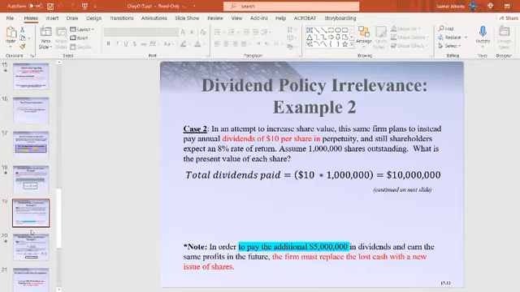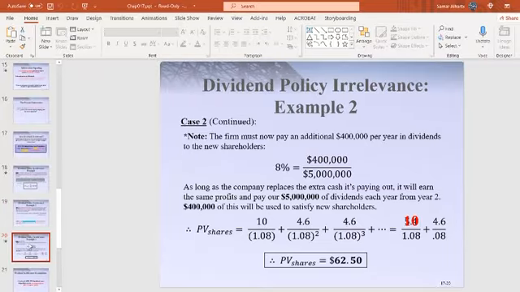We need to raise an additional 5 million in shares. Based on the current profits, the company was able to pay $5 per share earlier. Now, if it wants to give a dividend of $10 per share, that means it will need an additional 5 million, correct? Then it will raise 5 million.